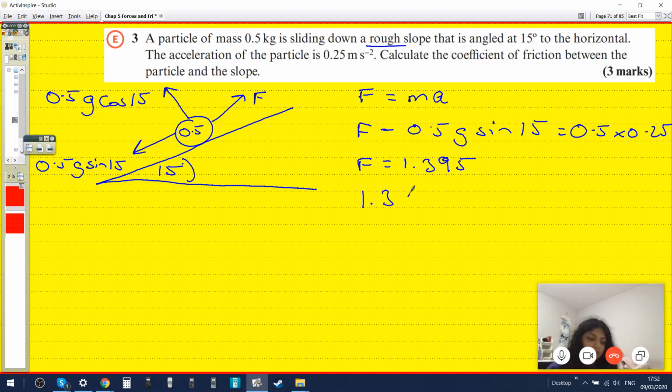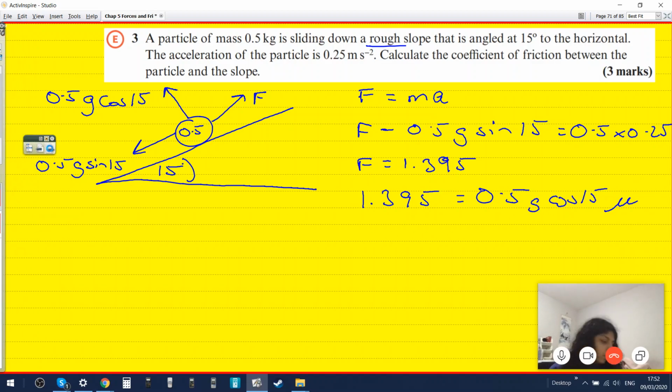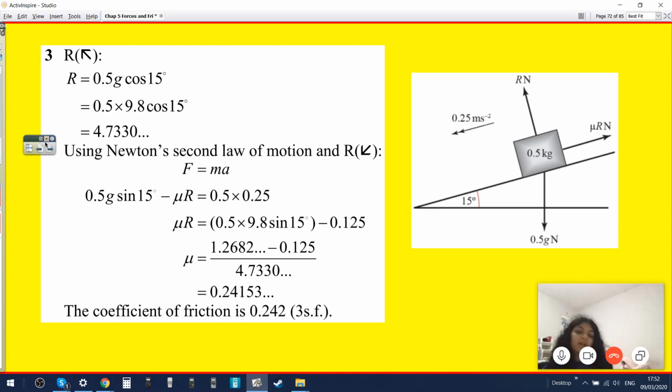Yeah, I divided it by R, and I got 0.5g cos 15 mu. But when you divide, you get 0.295 and not 0.24. They're getting 4.7. What is that? That's 0.5g cos 15.